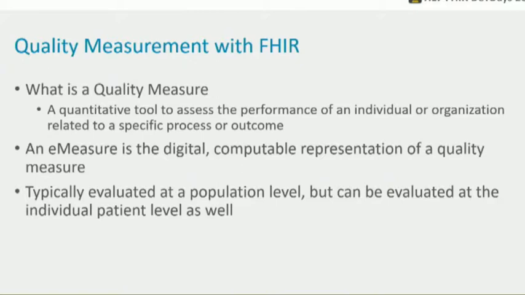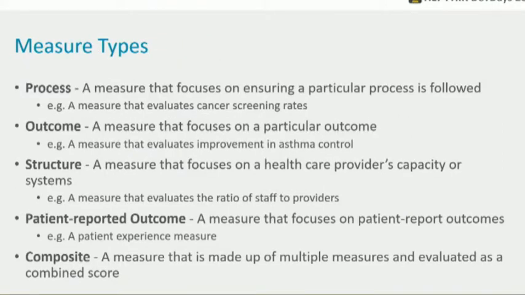They're typically evaluated at a population level, but they can also be evaluated at a patient level. So I can say, is this patient in or out of care as prescribed by this particular measure? There are lots of different types of measures. You have process measures that focus on whether or not a particular process is being followed.